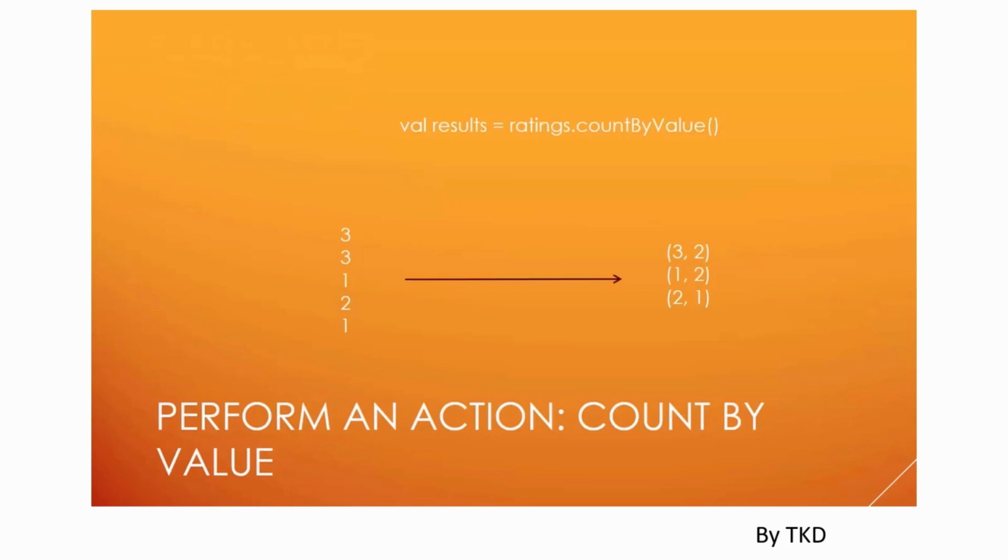For example, rating 3 occurred twice, rating 1 occurred twice, and rating 2 occurred once. Makes sense? So we have two 3s, two 1s, and one 2.